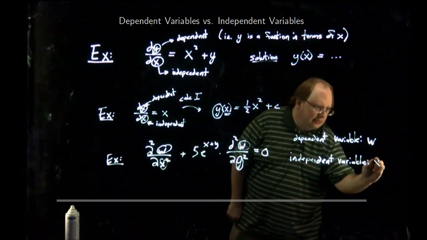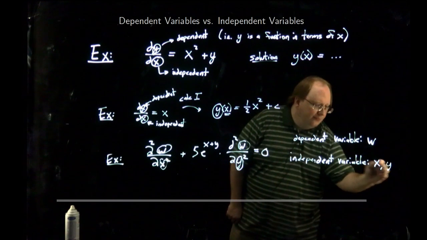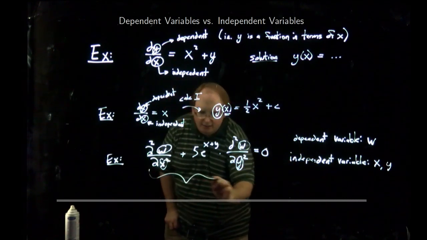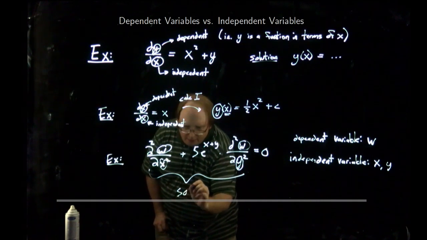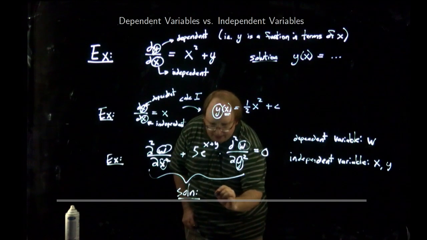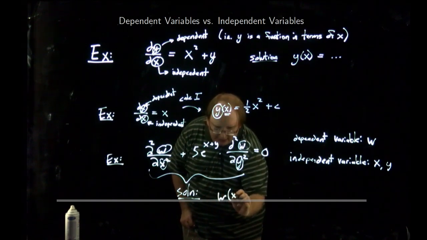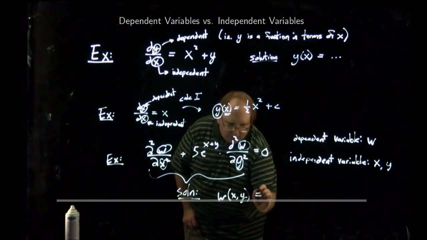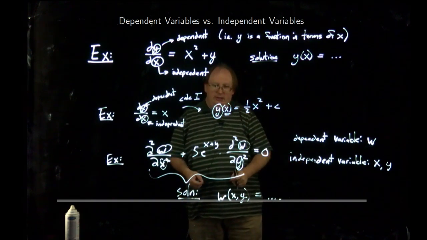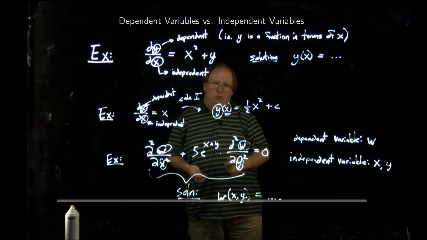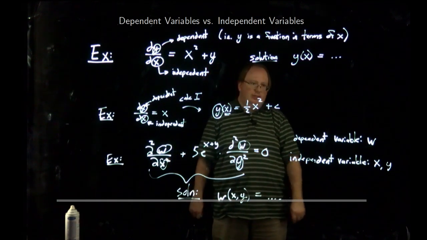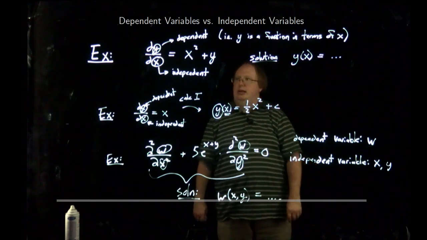So we're going to have x, comma, y. And we know that the solution for this is going to look like w in terms of x and y. So we have a multivariate function of x and y. Probably the most difficult part about this particular section that I've encountered is spelling independent.